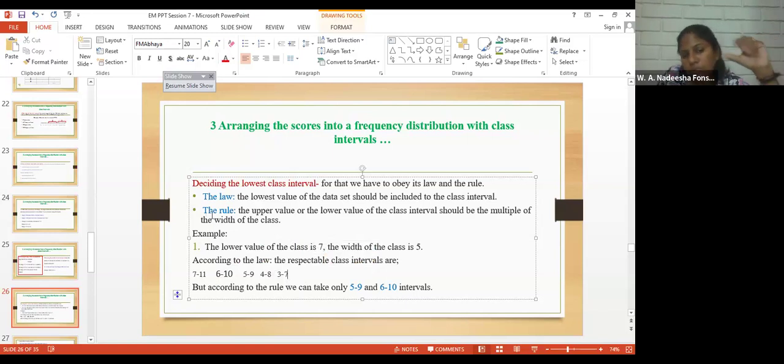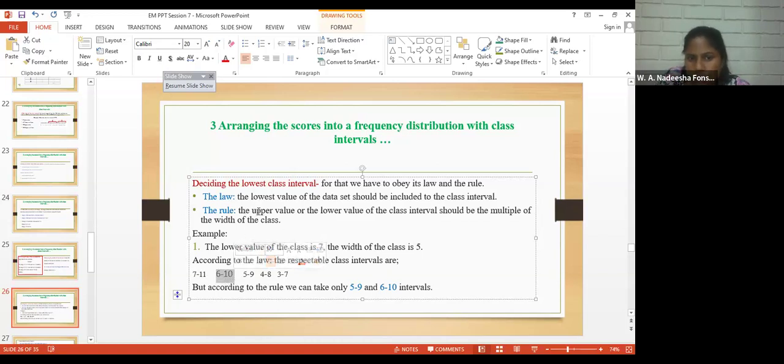Then the rule says that the upper value or the lower value of the class interval should be a multiple of the width of the class. Now the width of the class is 5, so multiples of 5 are 5, 10, 15. Here 7 and 11 are not multiples. But 6 to 10, 10 is a multiple of 5.